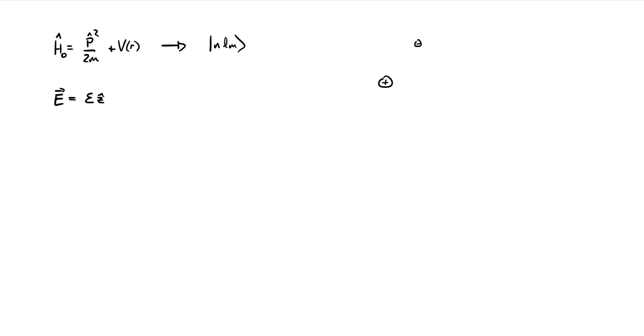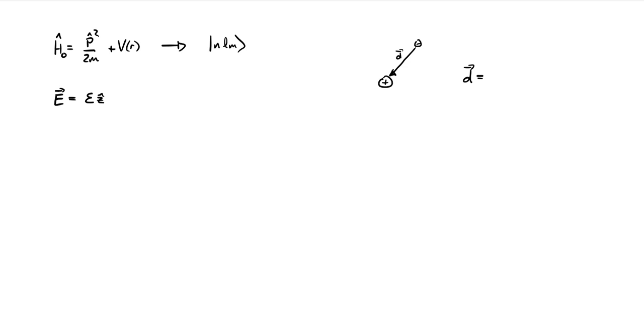The magnitude of that dipole is the product of the charge and the displacement between the two particles, and it's oriented from the negative charge to the positive charge. So that's the direction of our dipole.